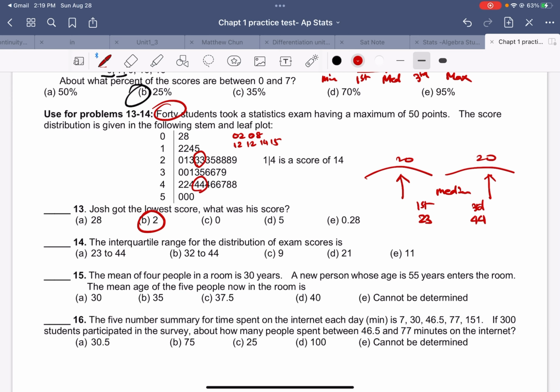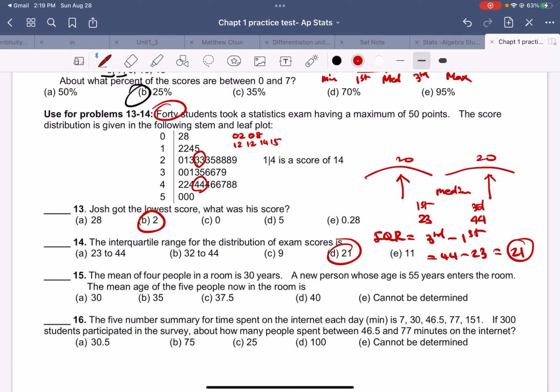So the interquartile range means the third quartile minus the first quartile, which is 44 minus 23, which is 21. So D will be your final answer. You're just checking that you understand how to find the first quartile, median, and third quartile.